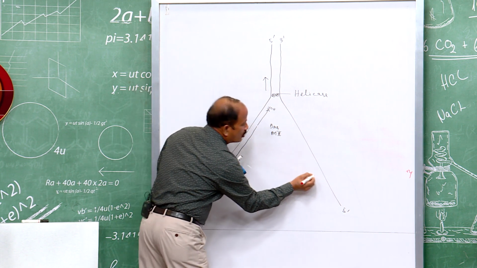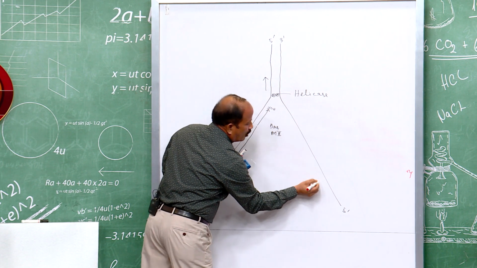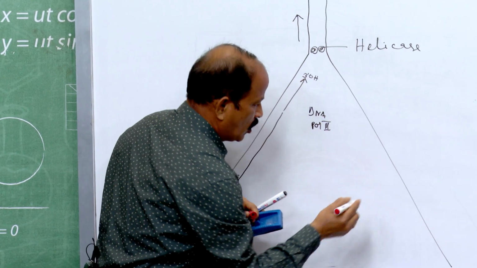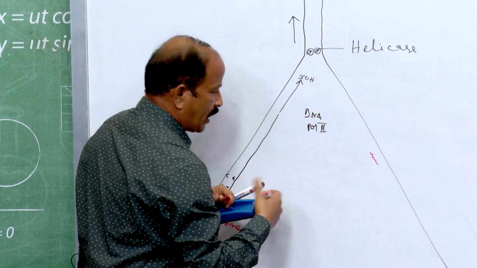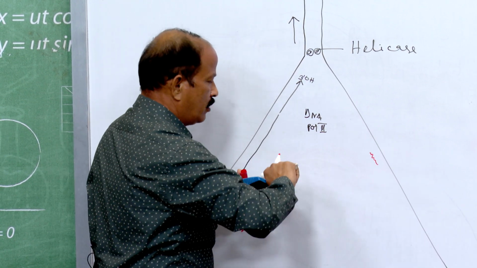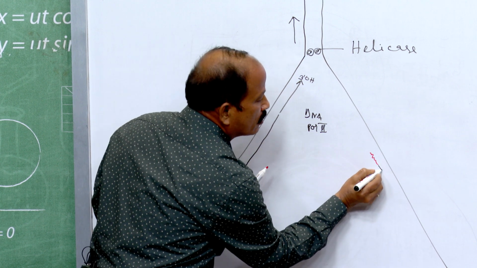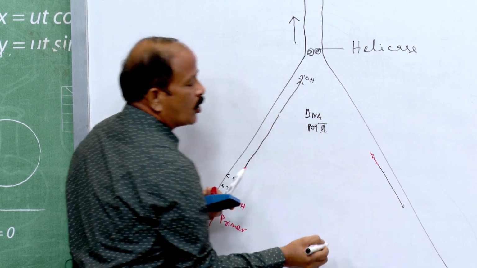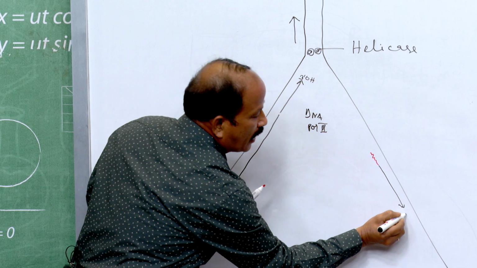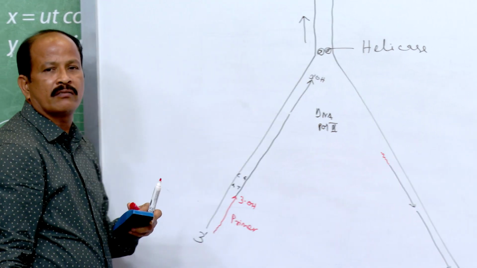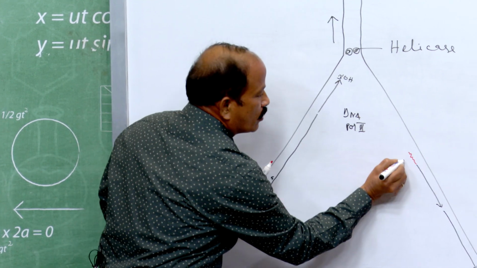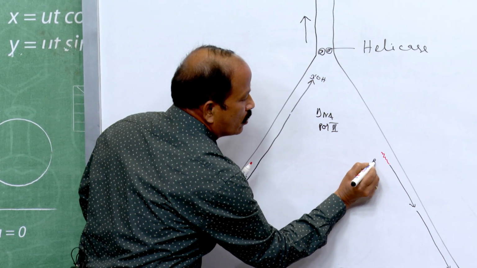Similarly, here we can see one RNA primer. To this RNA primer, the DNA elongation takes place, but prior to that there is another segment, with its own primer.